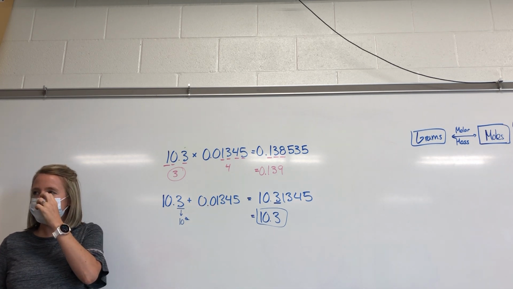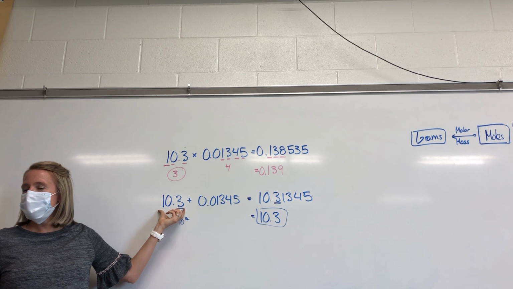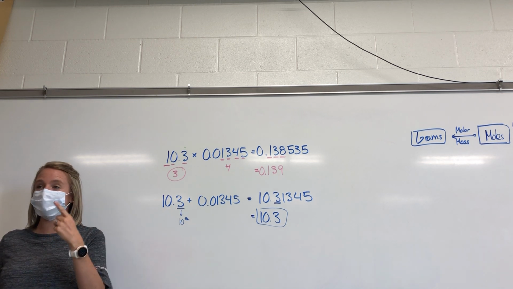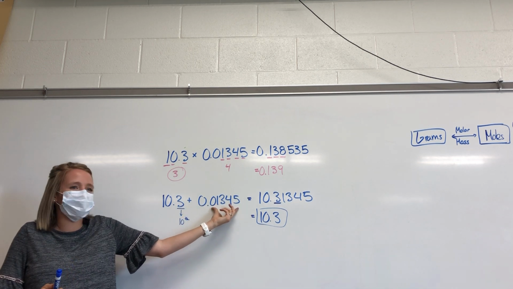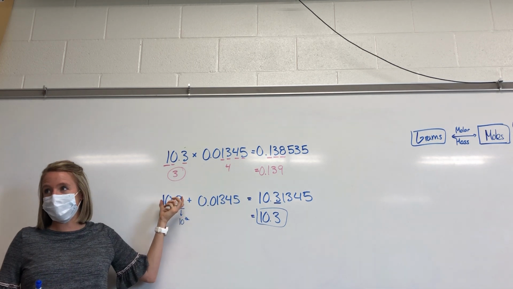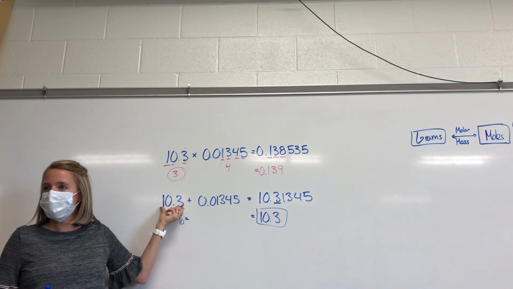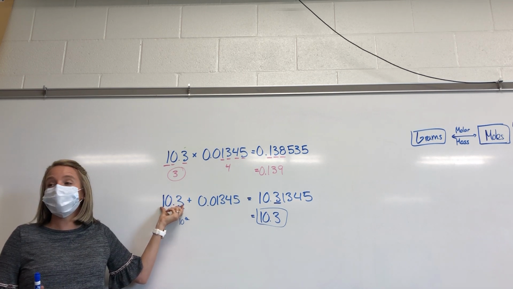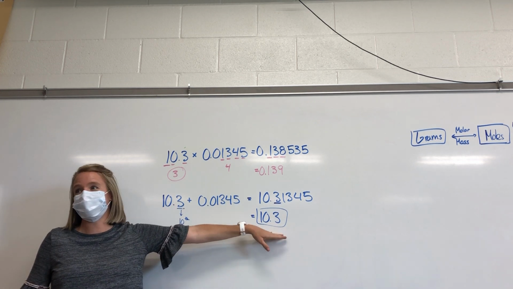Why? But scientifically, it actually makes a lot of sense. Because of how small this number is in comparison to that, is this number actually really changing? Very insignificant, and it's so insignificant based off our measurement, it's not even listed.